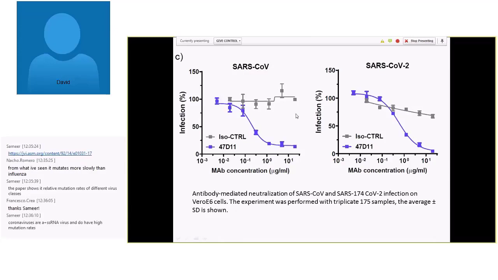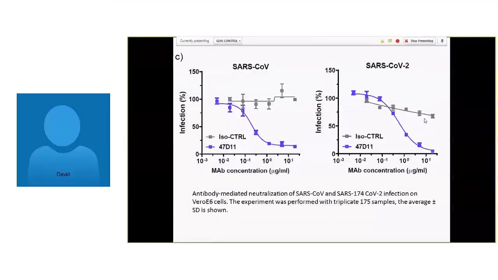And you can see the greyish line is an isotype, IgG1 isotype control, which is having no effect on the infectivity, or a marginal effect on the infectivity on the coronavirus 2. And you can see that there's an inhibition, 50% inhibition somewhere between 1 microgram per mil and 100 nanograms per mil in both cases, about a microgram per mil for the current SARS coronavirus.